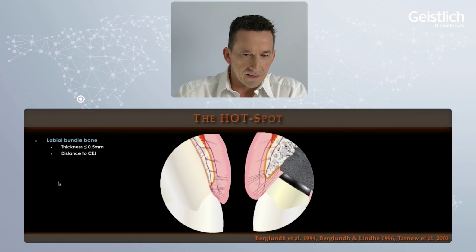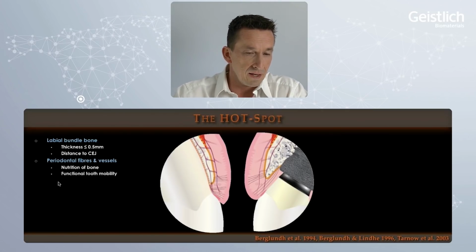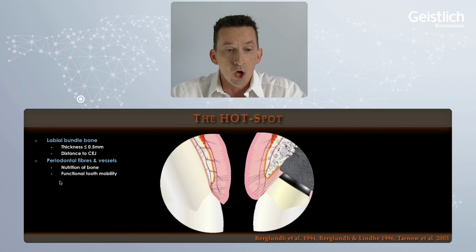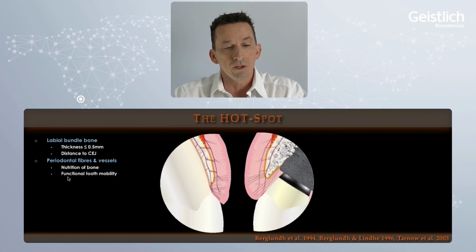On the tooth side, we know that the bundle bone on the vestibular area is very thin, sometimes less than 0.5 millimeters. We have periodontal fibers between root and alveolar socket, which serve as nutrition for the bone and also for functional tooth mobility.